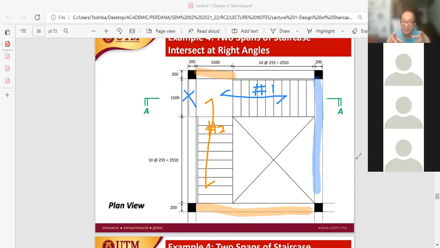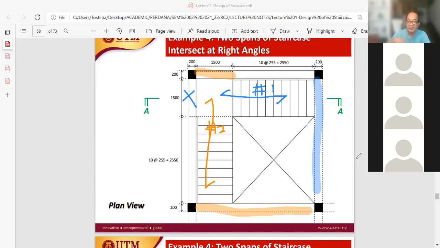Would there be any savings in terms of reinforcement? Would there be any reduction in terms of size of reinforcement bars ke, ataupun bilangan reinforcement bars ke, spacing of reinforcement bars ke? Would there be any positive results by increasing the strength of the concrete? Just by changing fck daripada 25 tukar ke 30, it's just a matter of a few buttons kan.